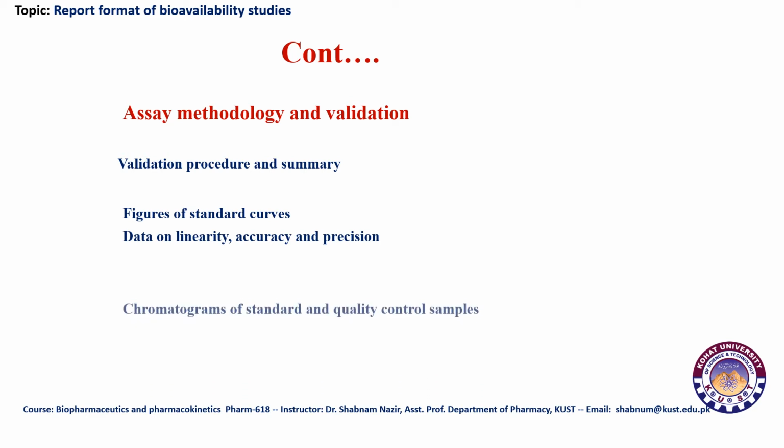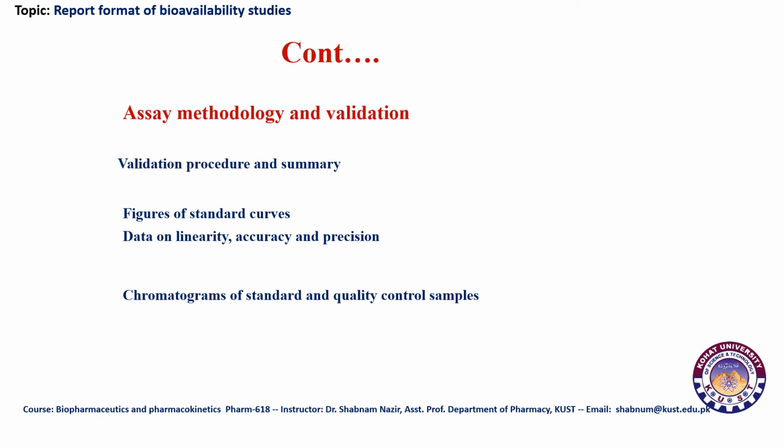And then chromatograms of standard and quality control samples must be provided, you can say, as an evidence, or to show that the method followed was accurate. And chromatograms are usually an indication that proper methodology was followed.